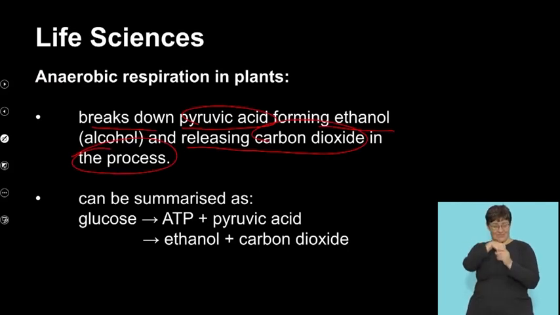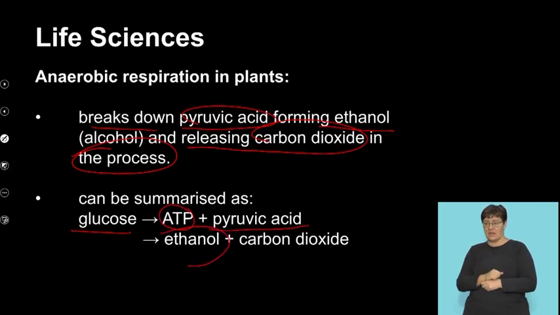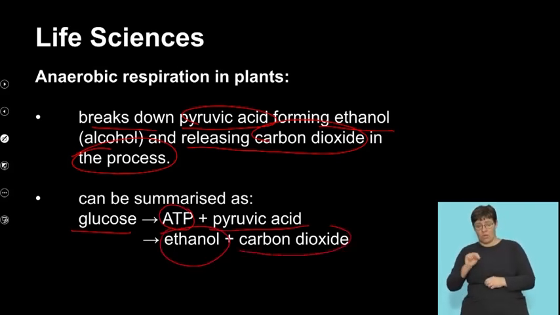This reaction can simply be summarized where we look at glucose being broken down in the absence of oxygen to produce ATP and pyruvic acid. This is further broken down into ethanol and carbon dioxide.